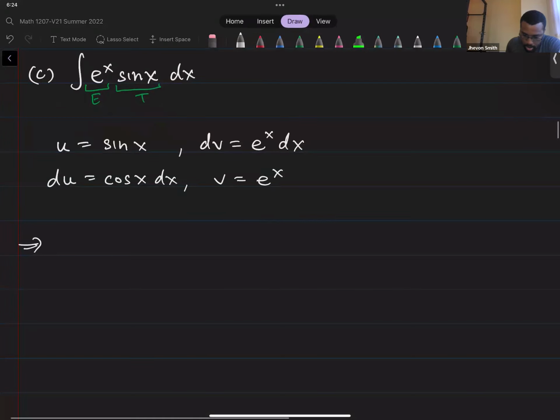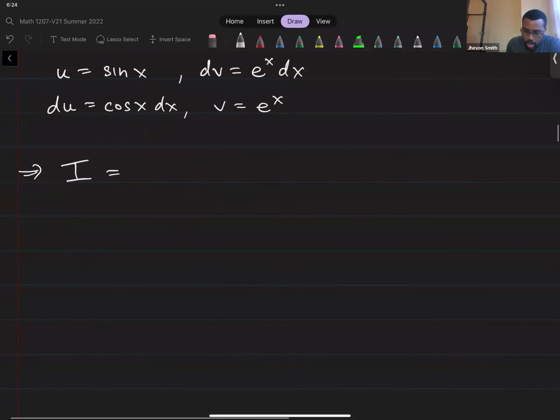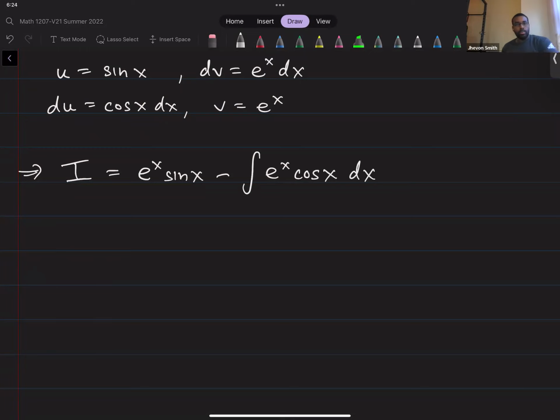So that means I'm going to plug into this formula. Let's call this I, so I don't have to copy the integral over again. I equals u times v minus the integral of v du. And we have that.